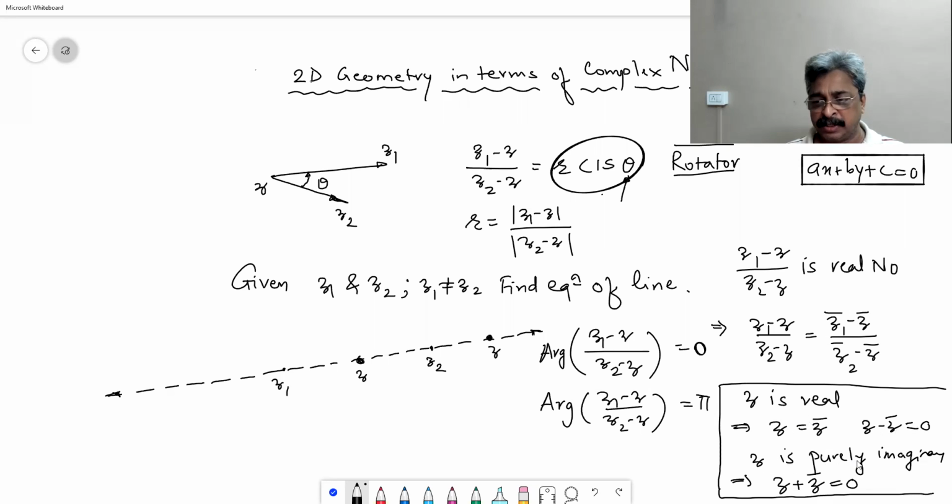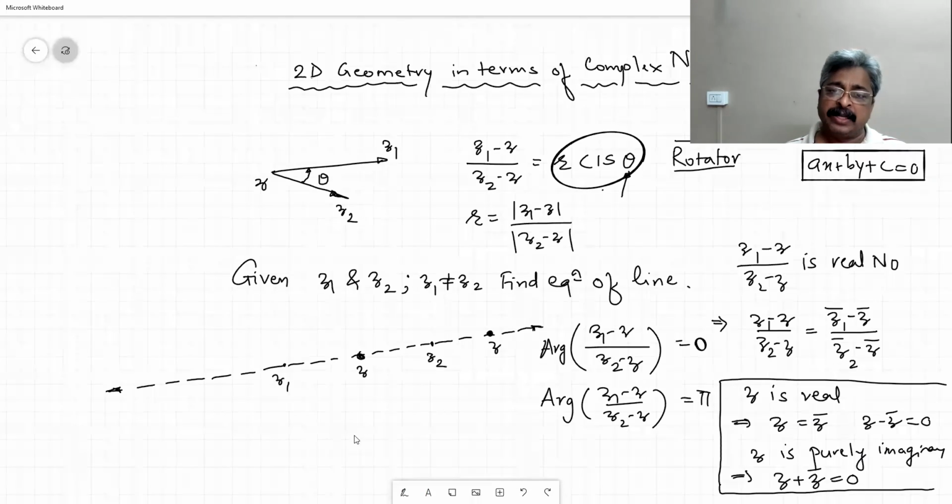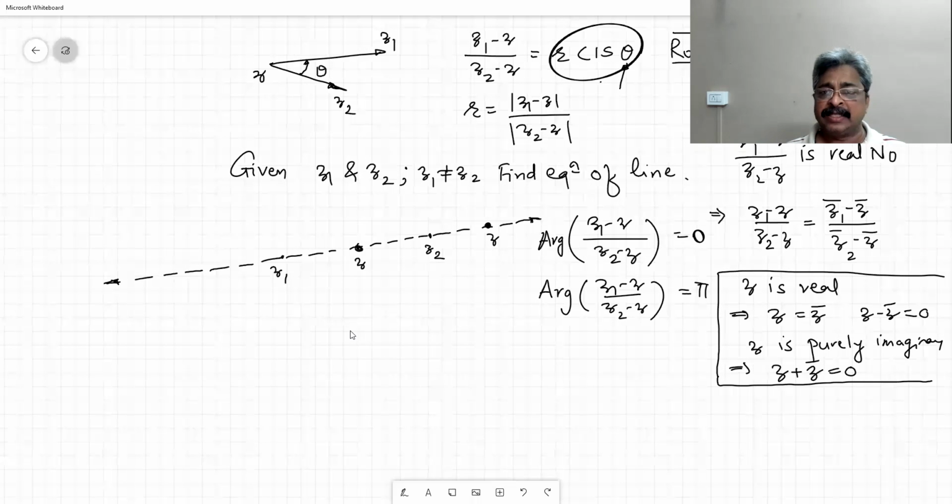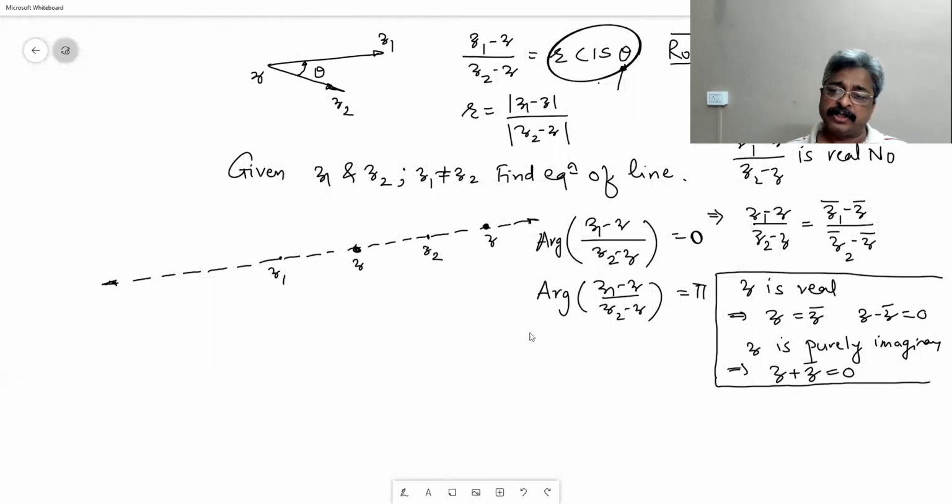If a complex number is purely imaginary, that means the point is on the y-axis, then its conjugate when added, they become 0. Okay, so now maybe we can call this our equation of a straight line, but we will not keep it in that form. We will simplify it or maybe complicate it, but it should look like the equation of a straight line.